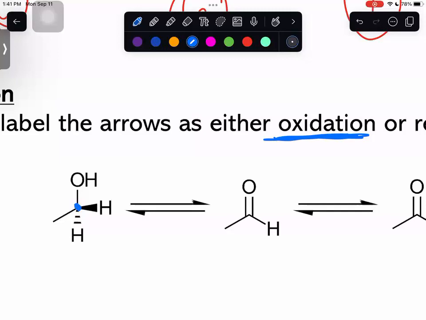What's the degree? From a primary alcohol to what's the name of the next molecule? To an aldehyde. So we went from 1 bond between carbon and oxygen to having 1 and 2. So we're increasing the amount of bonds between carbon and oxygen. The forward direction, it's an oxidation.